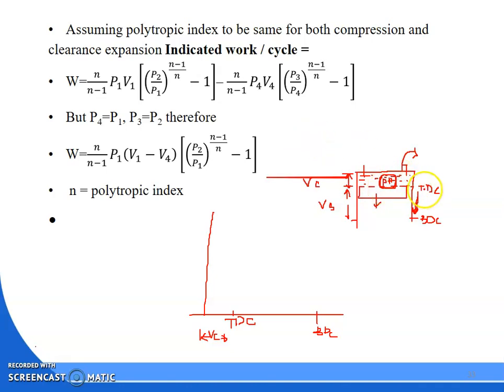So we have to move the piston from TDC to BDC during the suction stroke, and this left-over air also expands. When it expands, its pressure decreases.